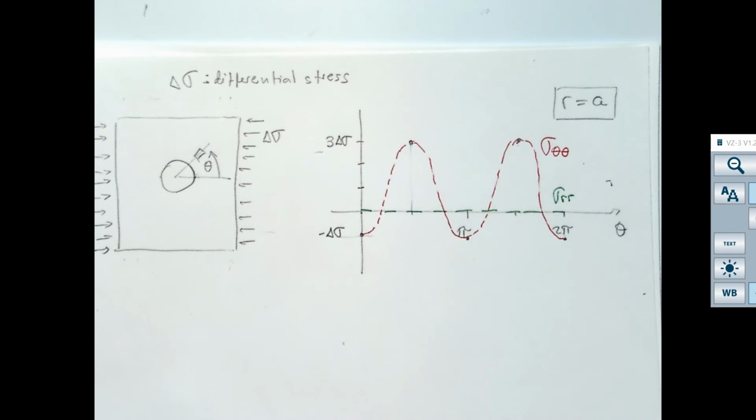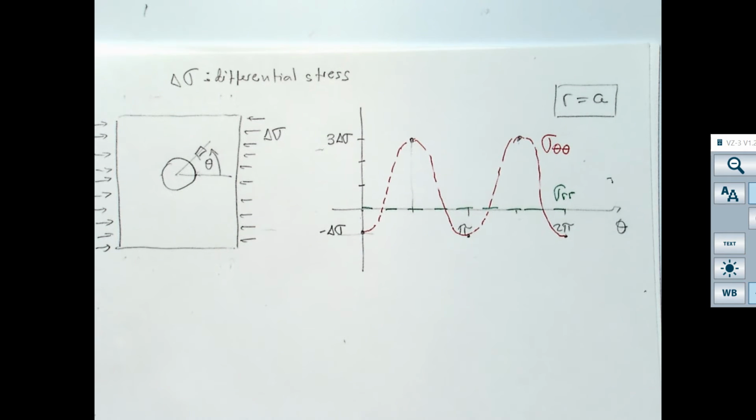But the important thing to remember is that before, we said that whenever we had an isotropic loading, we could amplify stress 2 times.